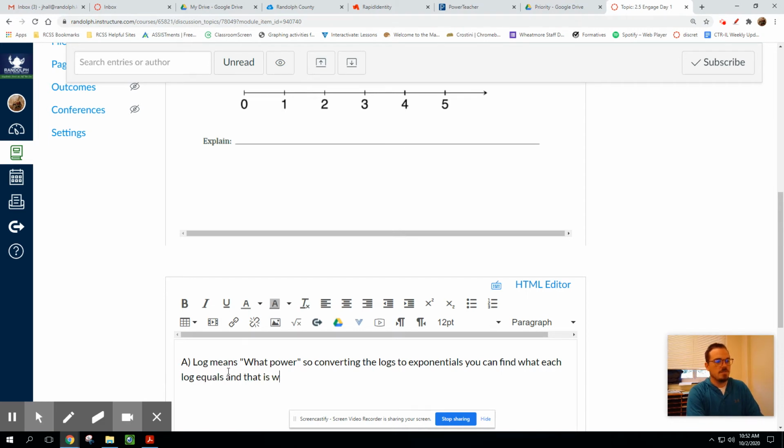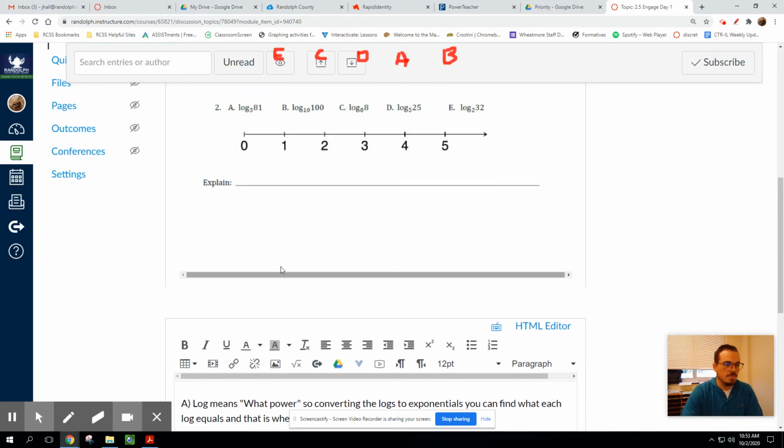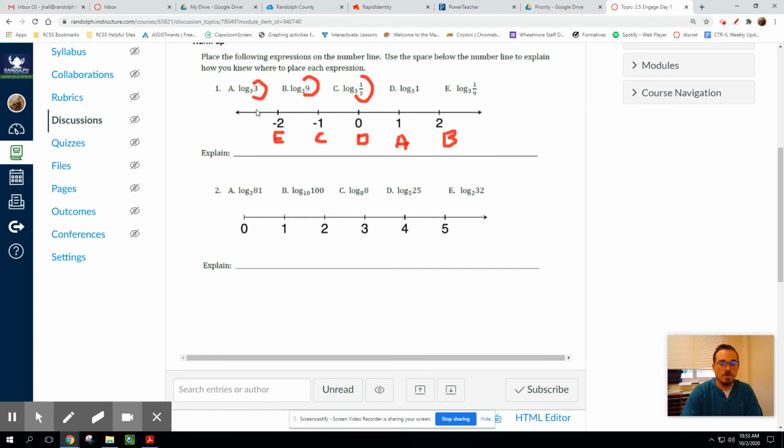And that is where they lie on the number line. So the powers or the answers are the numbers on the number line. Your work can also be an explanation because you will have part B, and that explanation can work for the same one. Now those were log base 3.